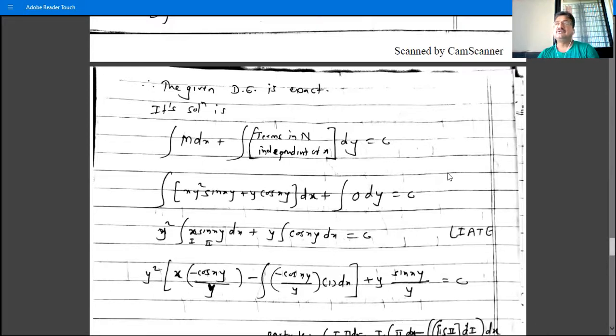The differential equation of the form dy/dx equal to (a1x plus b1y plus c1) divided by (a2x plus b2y plus c2) is the non-homogeneous differential equation, reducible to homogeneous. That is the second type. And this is the third type, the exact differential equation. The next type is the differential equation reducible to exact differential equation.